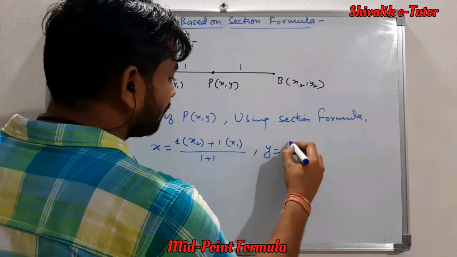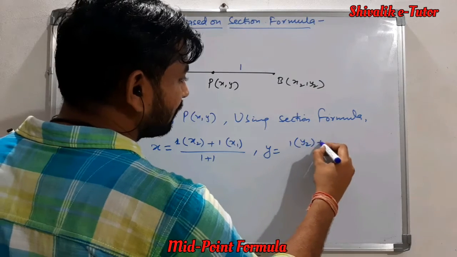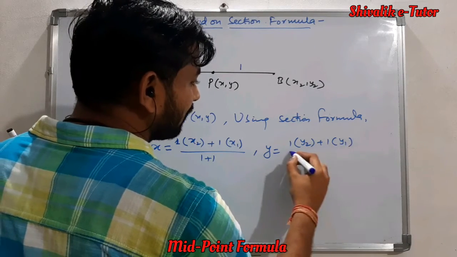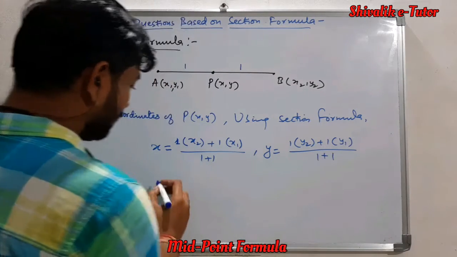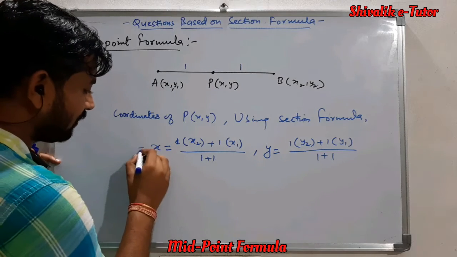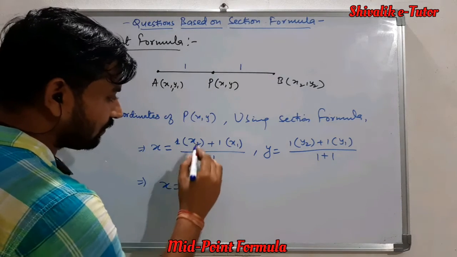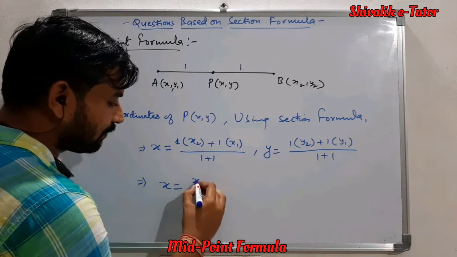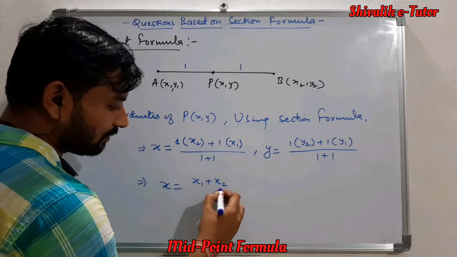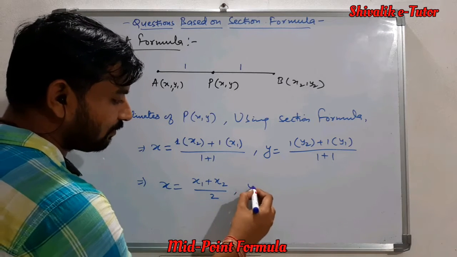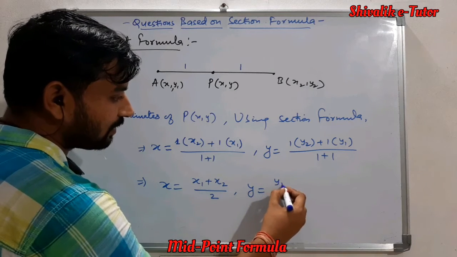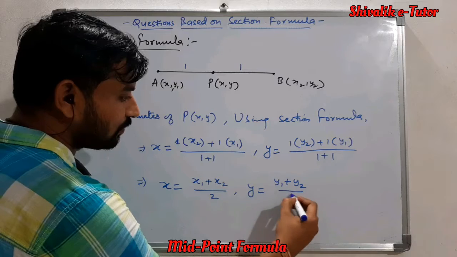Similarly, the y coordinate will be 1 into y2 plus 1 into y1 upon 1 plus 1. So when we simplify, x comes out to be (x1 plus x2) upon 2, and y will come out to be (y1 plus y2) upon 2.